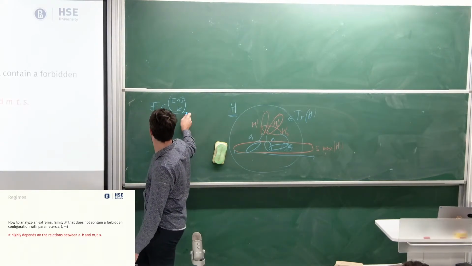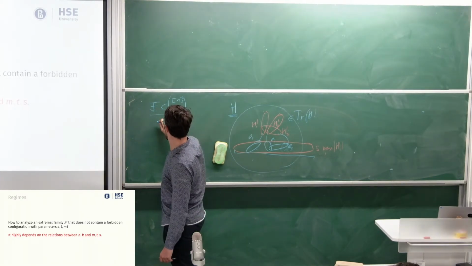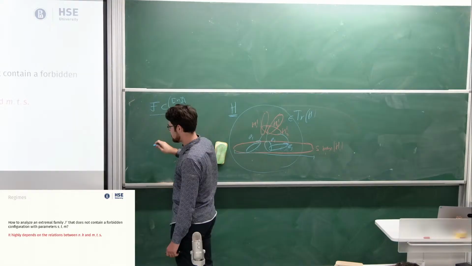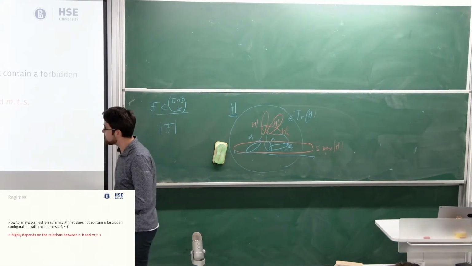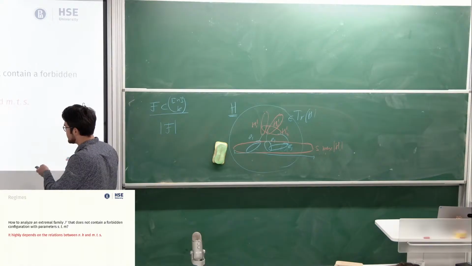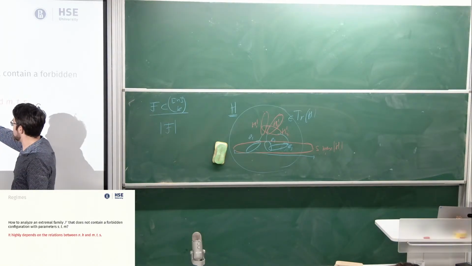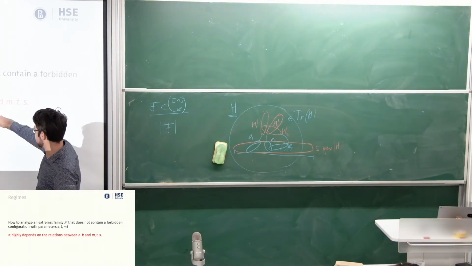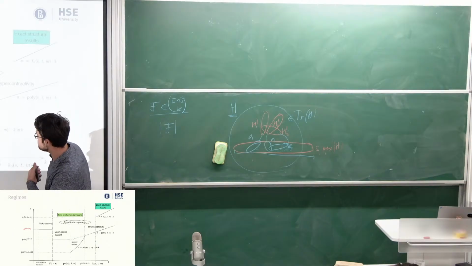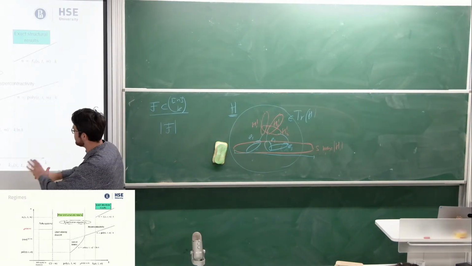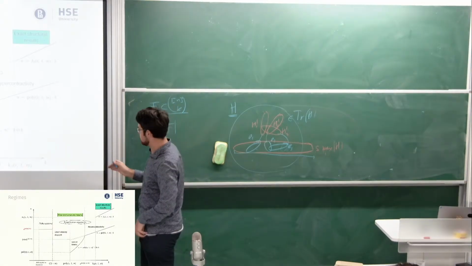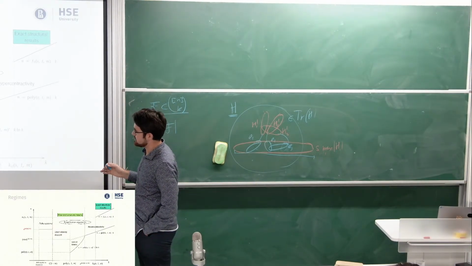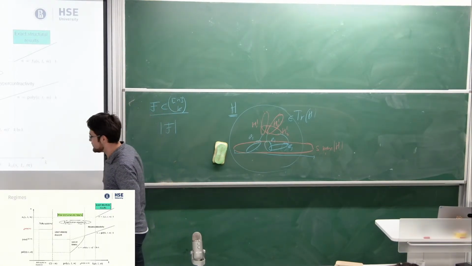When could we say something about the size of the extremal family? And this, of course, depends on the relations between all these parameters. Essentially, there are a lot of regimes where you can obtain results using different techniques.